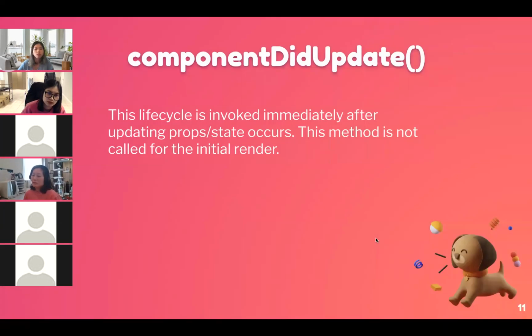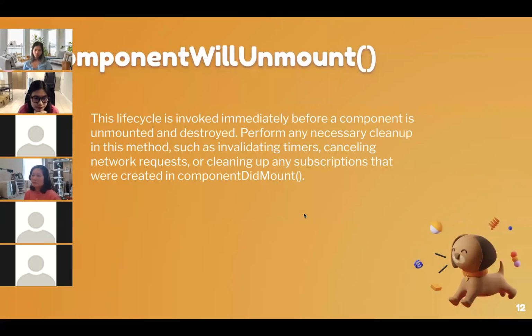Okay, componentDidUpdate is invoked when you update props or state. That means every time your state or props change, this function will be invoked, so you can use it. Okay, componentWillUnmount is useful when you have some subscription function running.